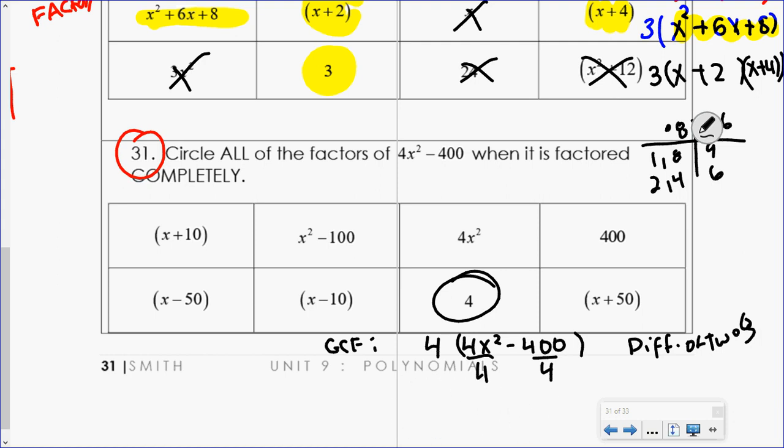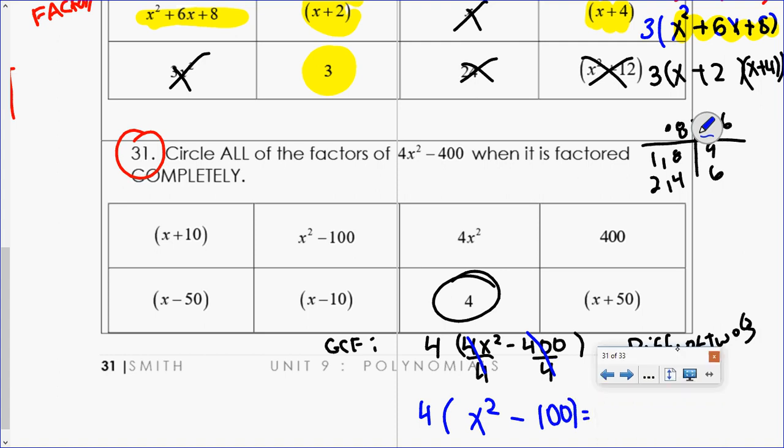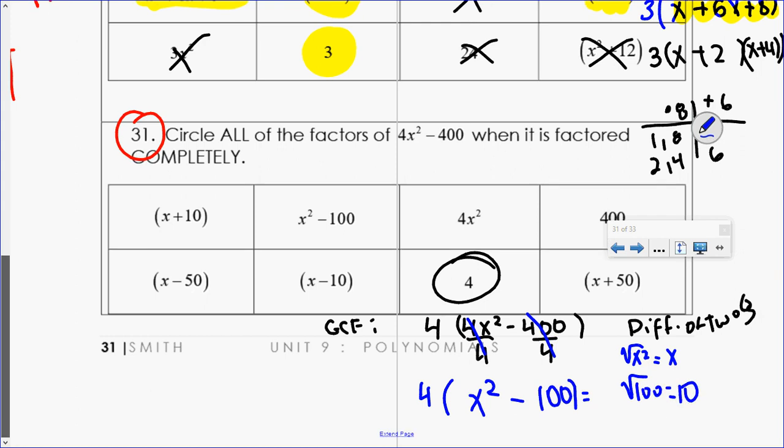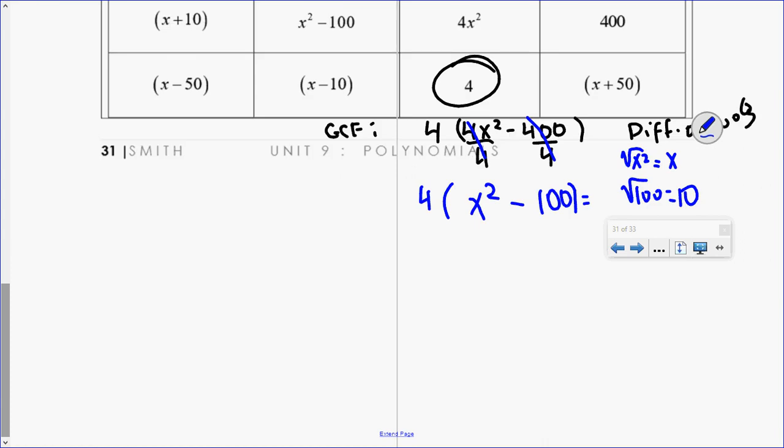So here, I want to simplify, 4 comes down. 4 divided by 4 is just x squared minus 100. And I'm going to break this down into factors. The square root of x squared equals x. The square root of 100 equals 10. So this simplifies into the quantity of 4 times x plus 10 times the quantity of x minus 10.